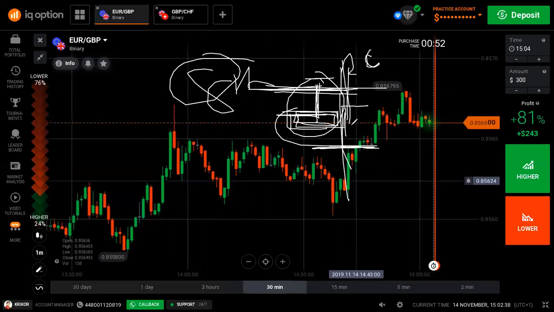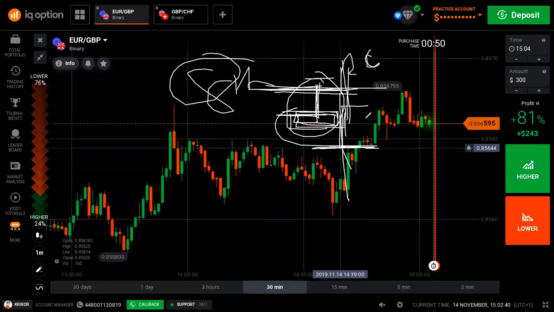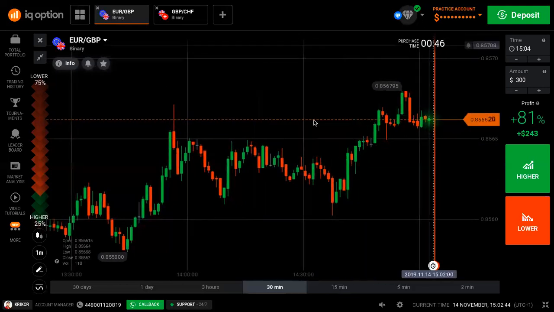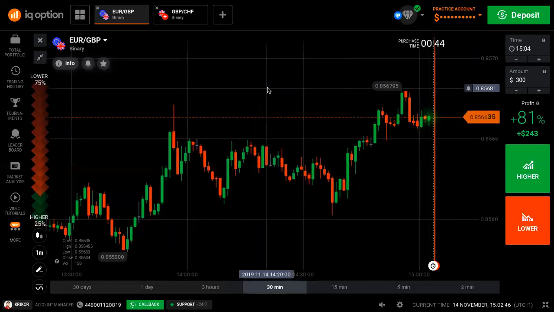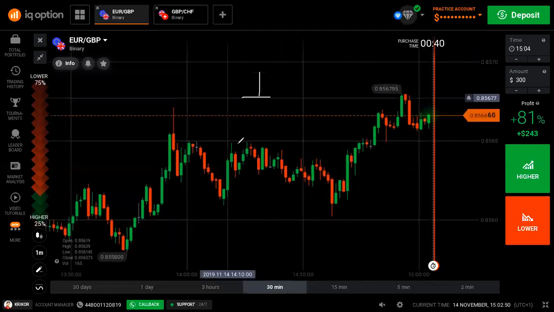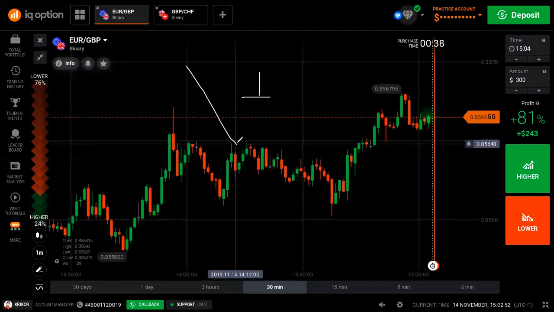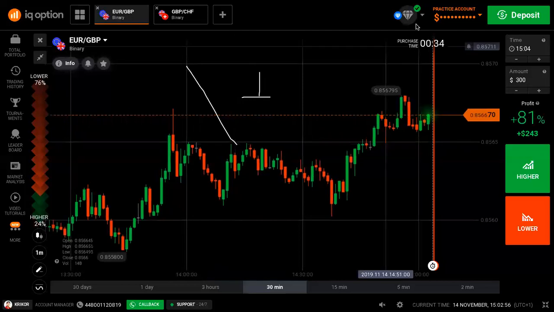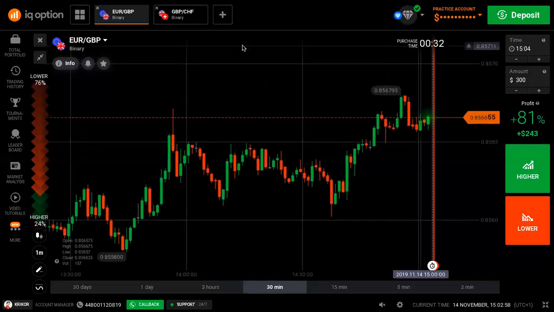No, don't do that. Wait for confirmation candle. And that confirmation candle must make a new low if you are selling. Is it clear?